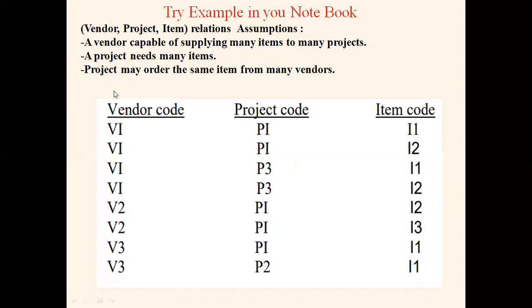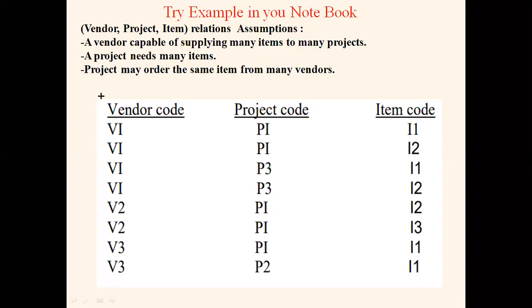Yes, first one is vendor and project, and then the other one is project and item code. So what do we have here? Let us have the notation over it.